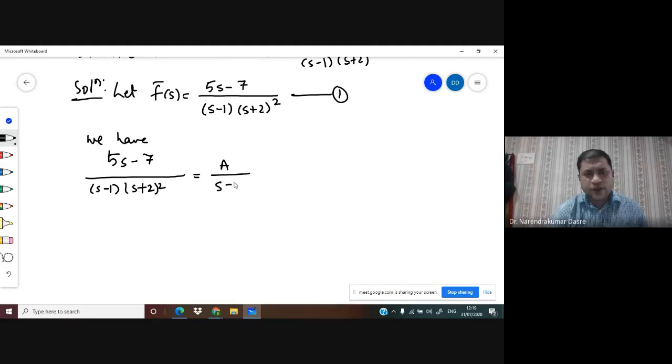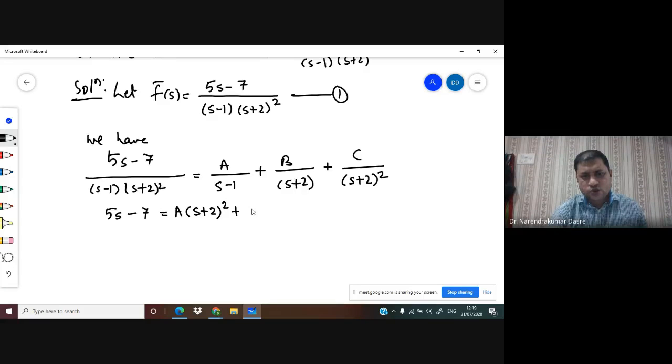This is equal to A upon s - 1 plus B upon s + 2 plus C upon (s + 2) bracket square. So 5s - 7 is equal to A into (s + 2) bracket square plus B into (s - 1)(s + 2) plus C into (s - 1).